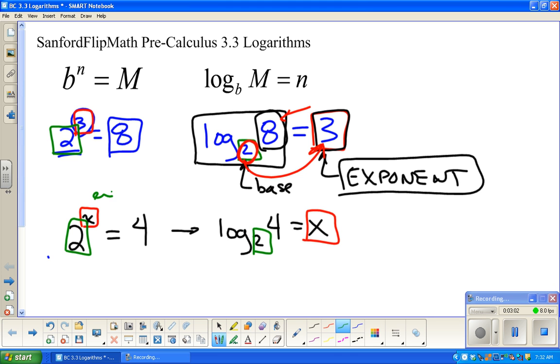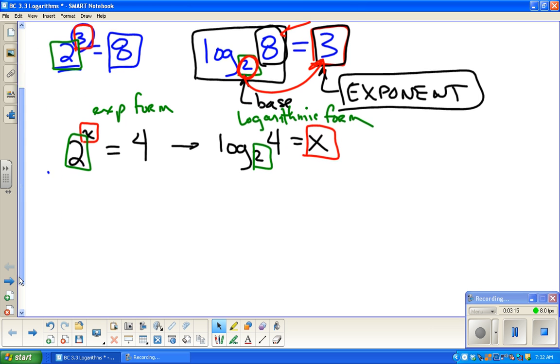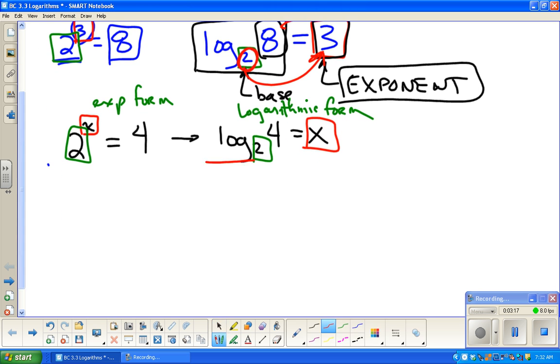So this is exponential form. This is logarithmic form. And if you're going to read this log form out loud, when you say this base, you have to say the word base. Isn't that clever?